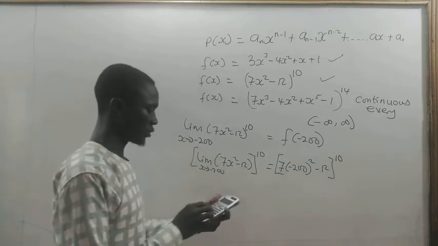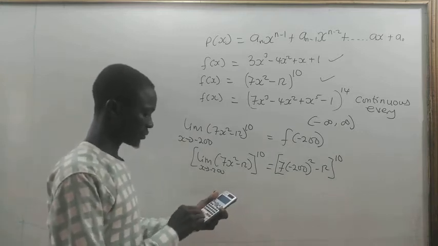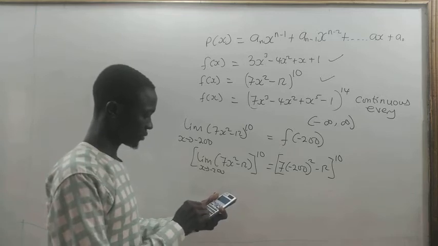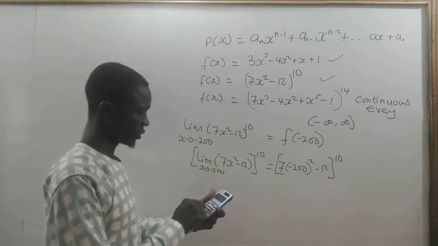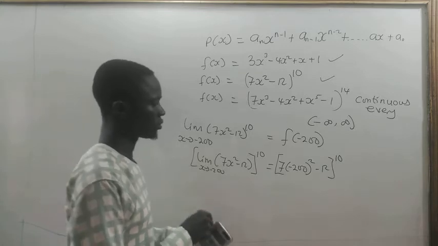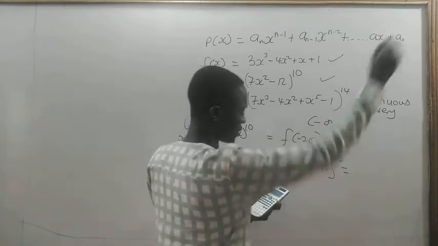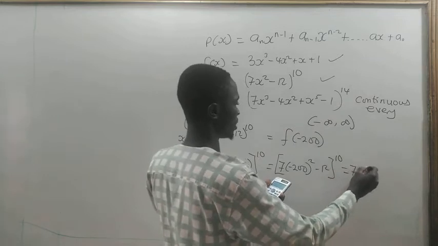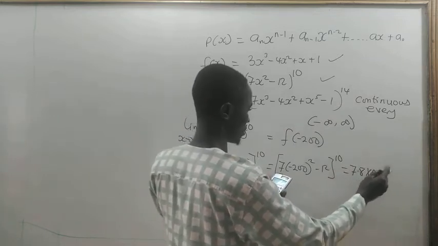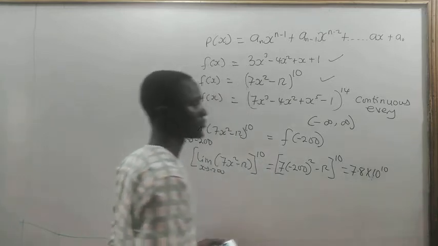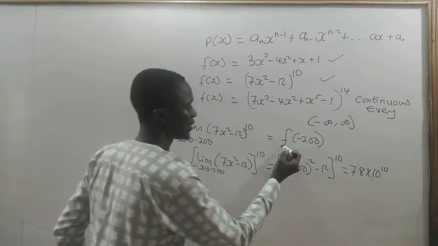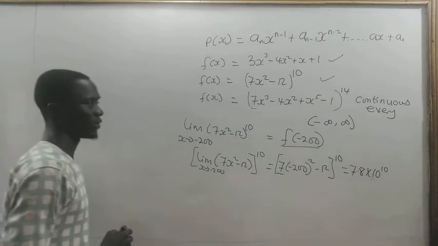If we take the calculator, 7 times minus 200 squared minus 12, all to the power 10, will give us a very big number, about 7.8 times 10 to the power 10.